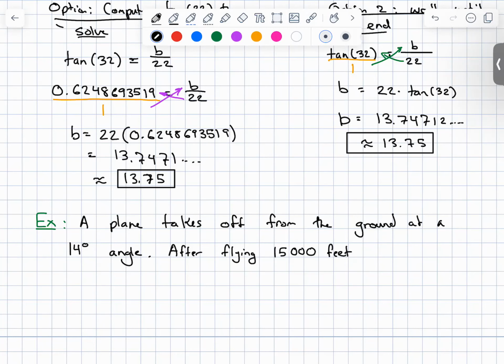You can't be 15,000 miles into the air. Going 15,000 miles into the air, you'd be in the stratosphere, you'd be in space. So 15,000 feet, right? After flying 15,000 feet, what is the altitude of the plane? Round to the nearest whole number.